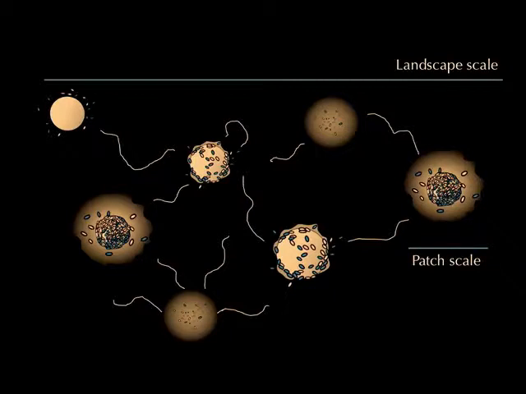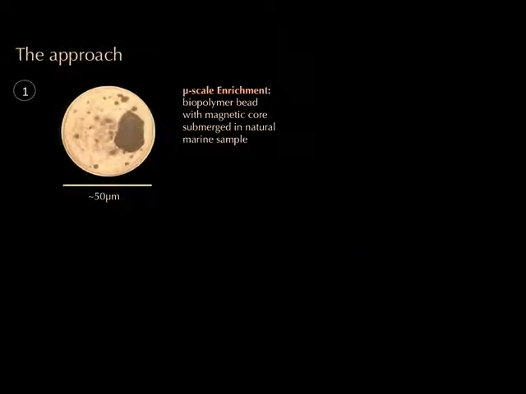And the approach, we're starting to get there, is the following. Remember these particles I showed you at the beginning? This thing here looks like the moon, but in that case it's a chitin particle. The whole thing is made of chitin. But it could be different biopolymers, as you will see. In general, these are gels.